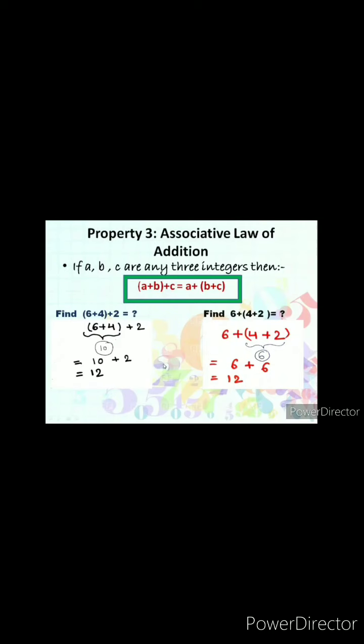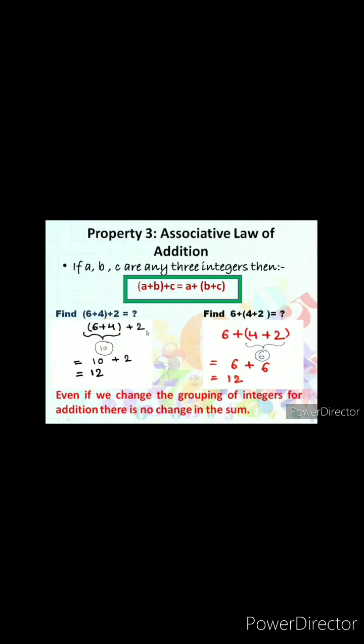Come on, use your brain. Yes, even if we change the grouping of integers for addition, there is no change in the sum. You can see here, first we added 6 plus 4, but in this example, we added 4 plus 2.